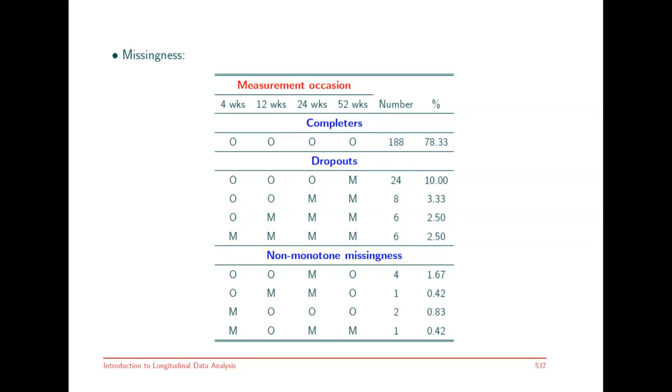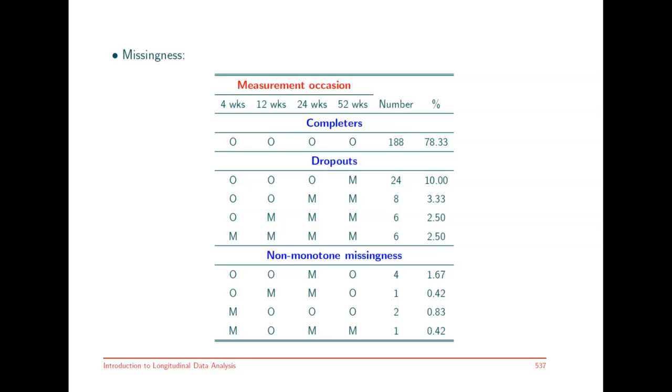About 80% is more or less complete, the O standing for observed. About 20% of the patients drop out, and dropout is defined as follows: you're there in the beginning, followed over time without any interruption, and then at a certain point, earlier than planned, you drop out and are not seen anymore.